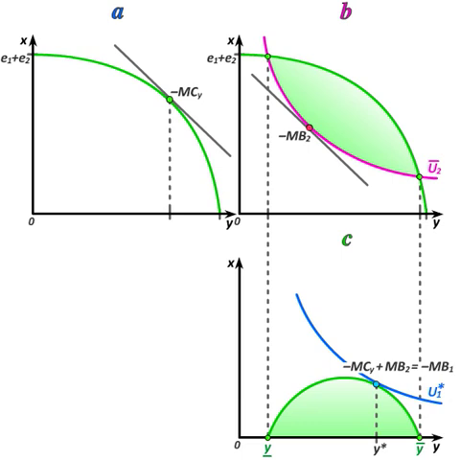Starting with the equation that appears above the tangency in panel C, we can now add MB1 to both sides and add MCY to both sides, and we'll get the equation that MB1 plus MB2 is equal to MCY. In other words, the sum of the marginal benefits for the public good has to be equal to the marginal cost of producing the public good at the optimal public good quantity Y star.